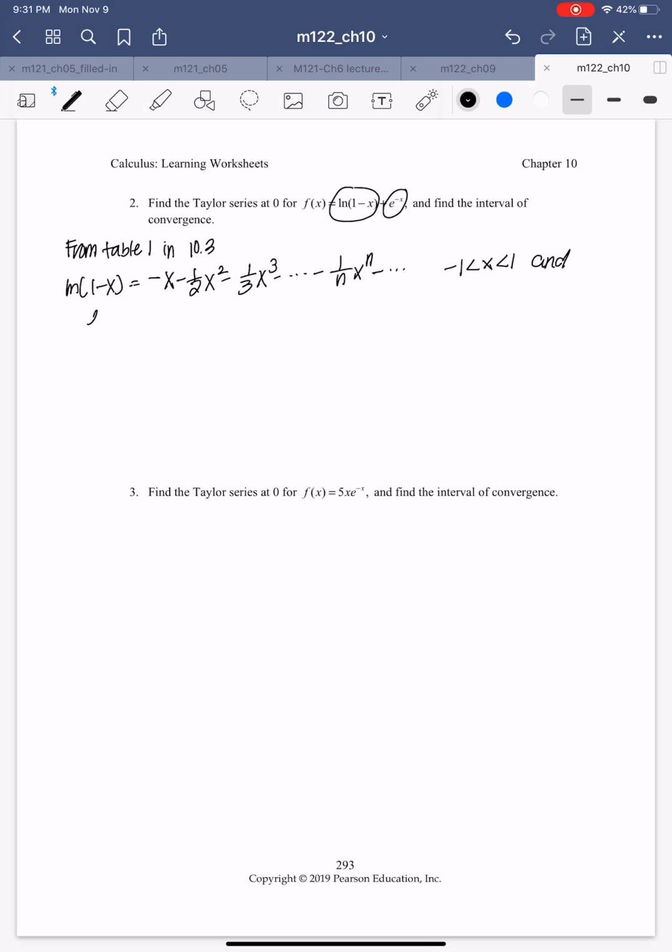And e to the negative x is also given as 1 − x + 1/2 factorial x squared − ... all the way up to (−1)^n/n factorial x^n. This will be your nth term. The interval is negative infinity to infinity. All right, let's add the coefficients of corresponding powers of x.